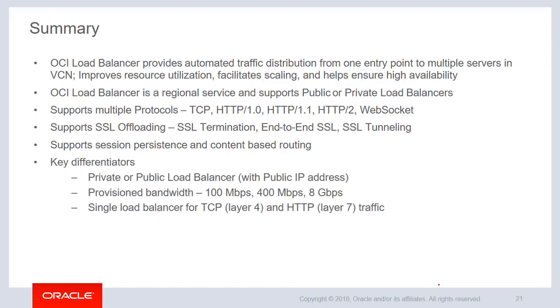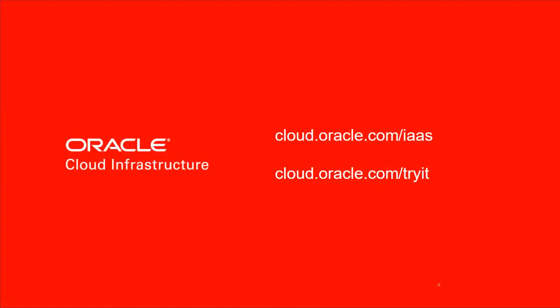Then there are a few differentiators, things like we assign a public IP, as we saw in the public load balancer. We have provisioned capacity, provisioned bandwidth, and a single load balancer for both TCP layer 4 and HTTP layer 7 traffic. So with that, thank you very much for attending this course on OCI load balancing service.